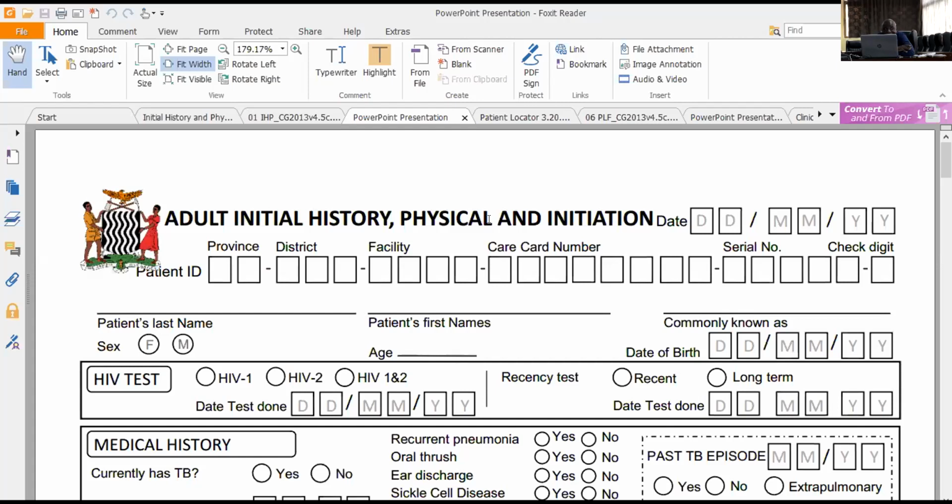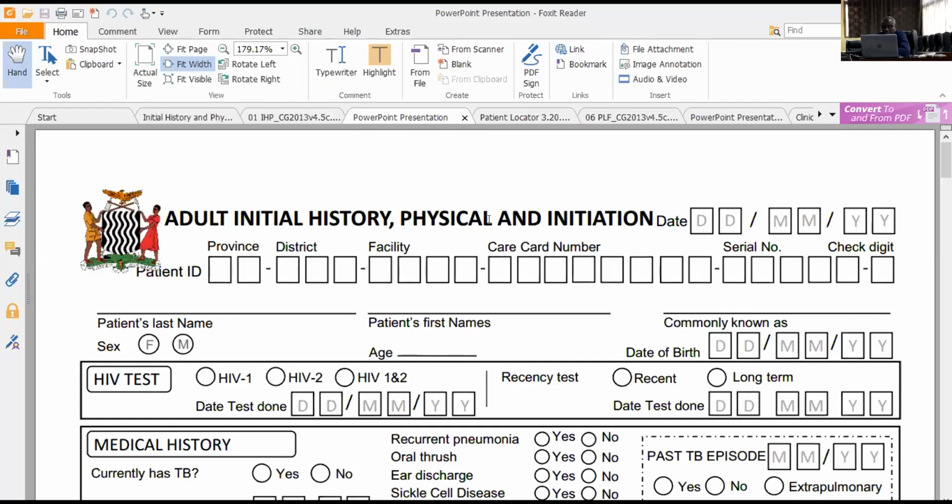Actually, we expect all these forms to be in use for a long time. We urge all implementing partners to ensure that these forms are already in use in their facilities, because the upgrades have been shared with all implementing partners. We expect everyone to be using this since January 2020.